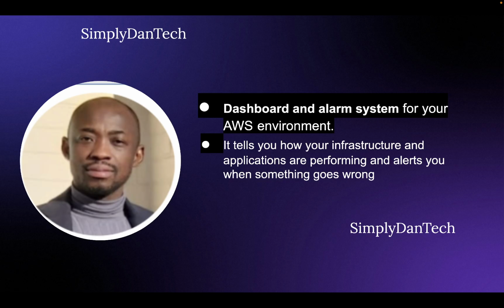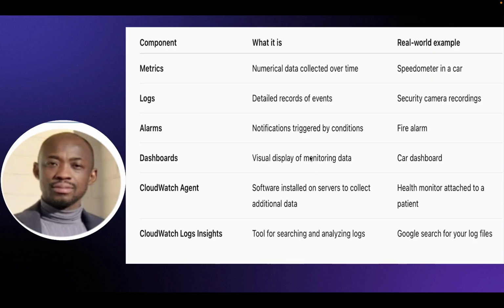Okay, that is CloudWatch. So let's look at the components. So we have what we call metrics. The metrics are like the data that you collect over time. In this case, look at it: if you drive, you have your speedometer. So it could be like a gauge for you. It will collect the data and it can display it on a dashboard for you. You have your logs.